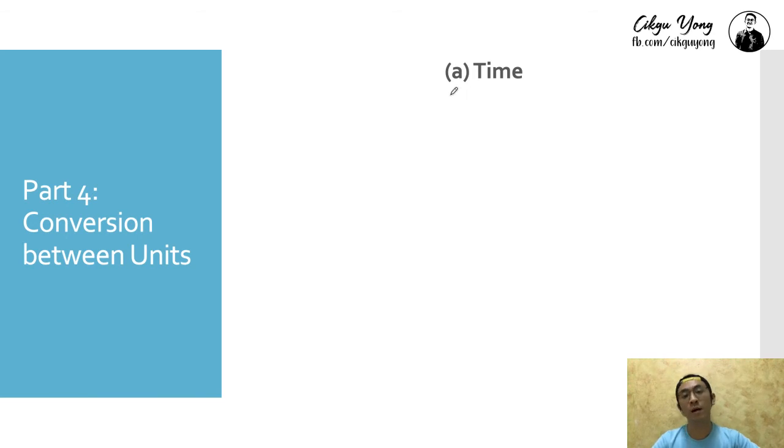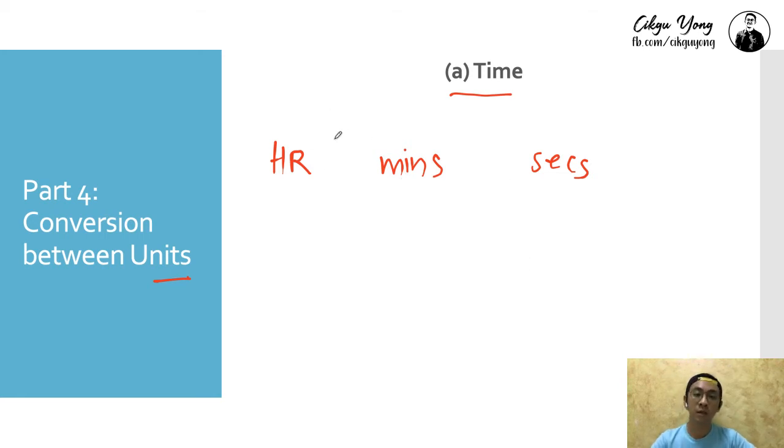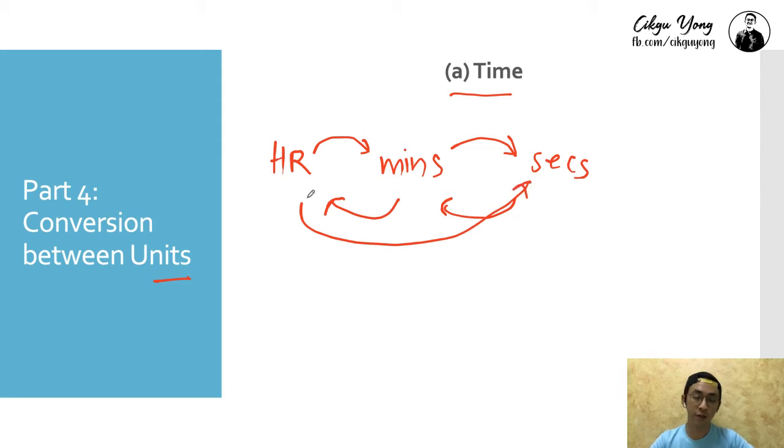So when we say time and units, what can you think of? In time, we can have hours, minutes or seconds. So how do you actually convert from hour to minutes, minutes to second, or from second straight to hour? There is a set of numbers that you actually need to use for conversion.